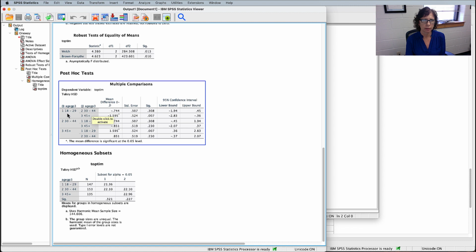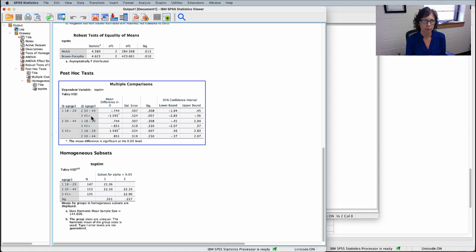So group 1, 18 to 29-year-olds, being compared to group 2, 30 to 44-year-olds, we go across and the significance level there is 0.308. So that is not significant, which means there are significant differences, but they're not between group 1 and 2. So not between the younger and the middle-aged.